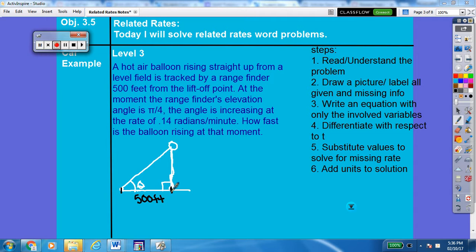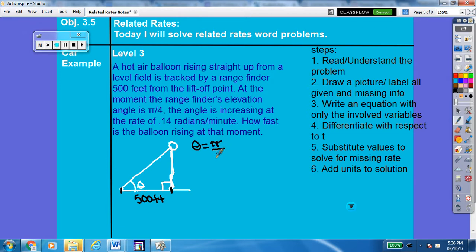Okay. At the moment the rangefinder's elevation angle is pi fourth. So what's going to happen is as this balloon goes up, this angle is going to change. But at the moment when that angle is pi fourth, that means that at some moment theta will be pi fourth. And remember, theta is a variable.